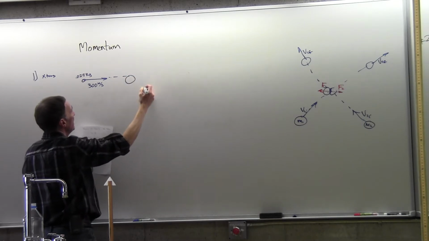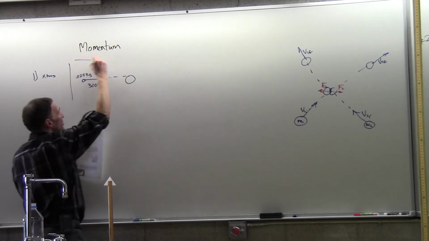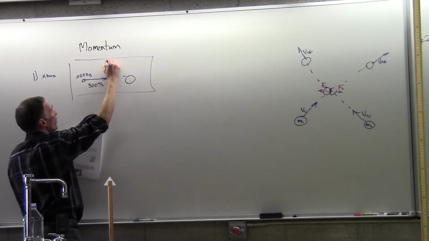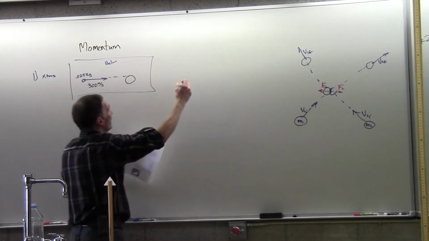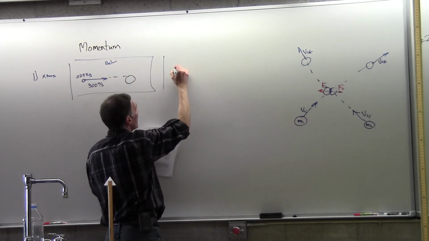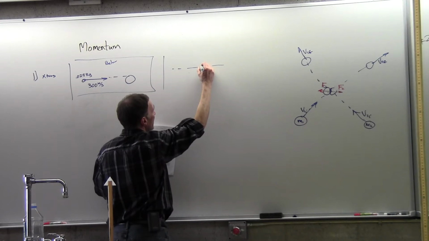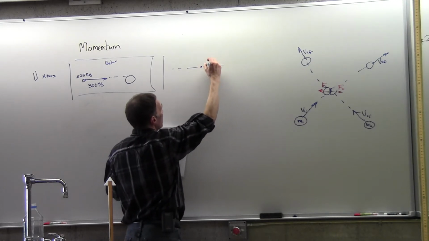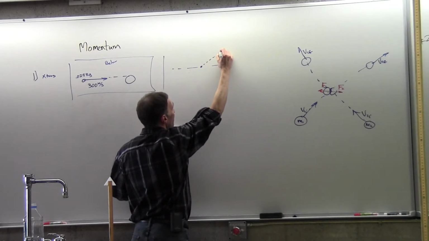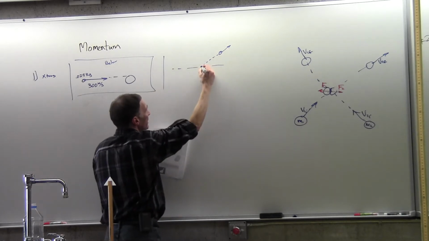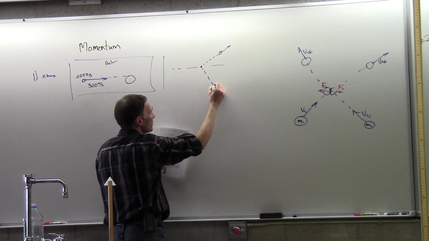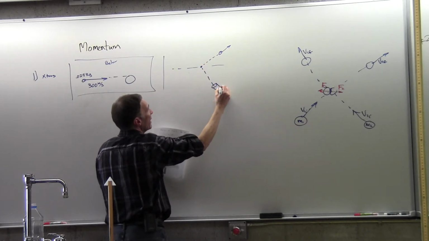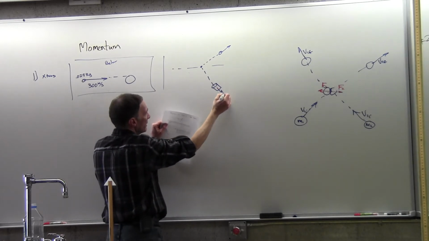The can is sitting here. So again, you want to think in terms of this being the before, and then you want your after picture where this bullet came in and struck the can. The bullet is going to ricochet off and go off in this direction. The can goes off in this direction and with some velocity.